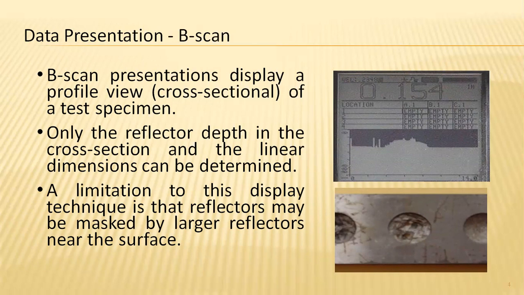Here, within that cross-section, the linear dimensions can be determined based upon the reflector depth, that is, how deep the waves penetrate, and the linear dimensions can be clearly determined within the object.